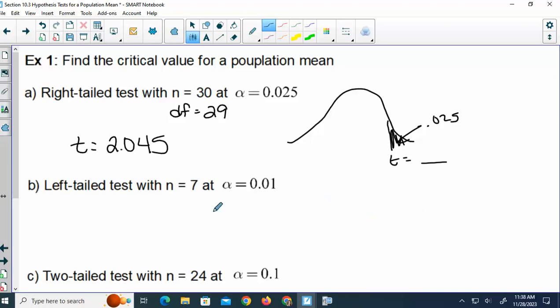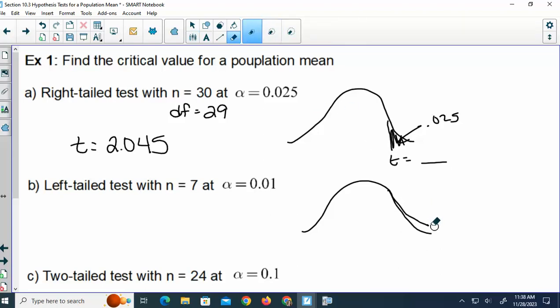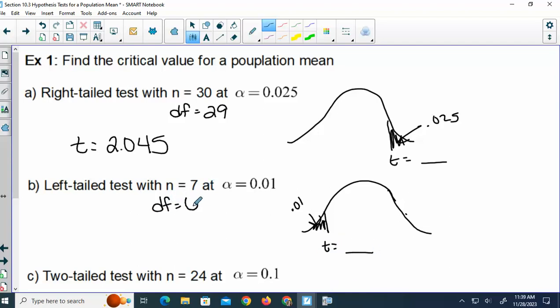So, this one, a left-tailed test. So that means we want area to the left. So this is 0.01. We need the t. How many degrees of freedom do we have?